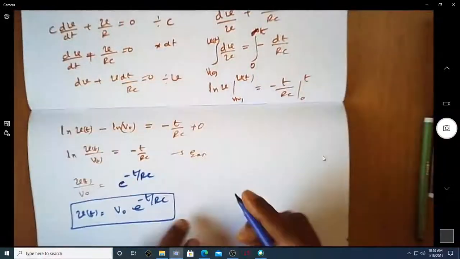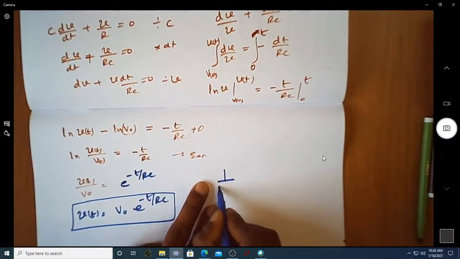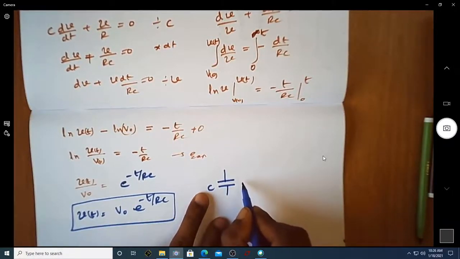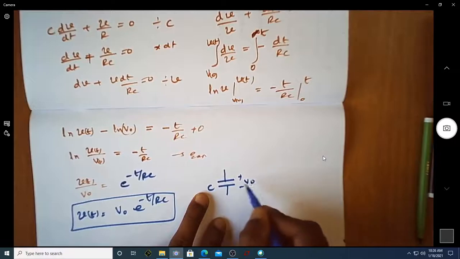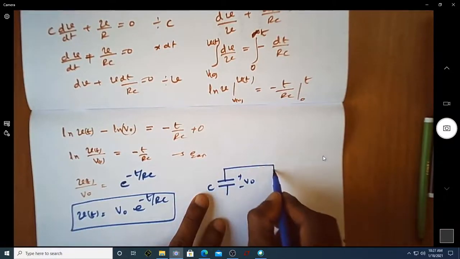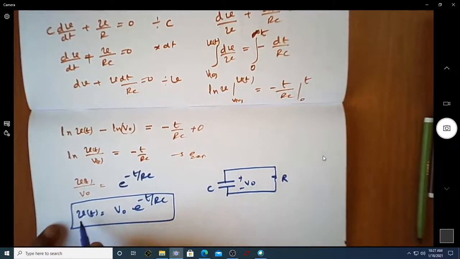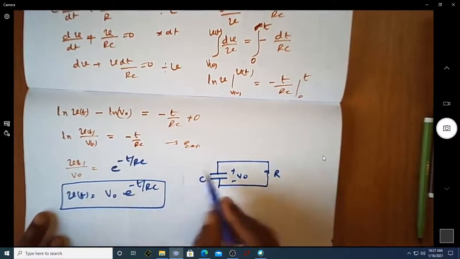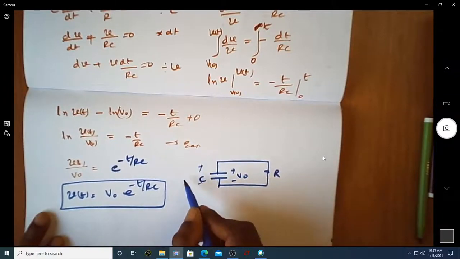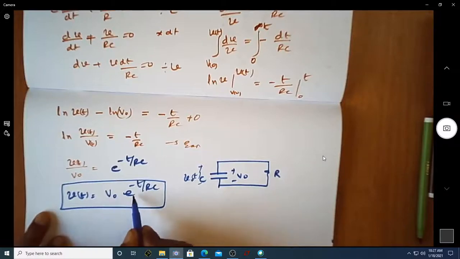So if I have a capacitor with value C and an initial voltage V0 stored across it, and you connect it to a resistor of value R, at any point of time the voltage across the capacitor, Vc of t or V of t, is given by V0 into e power minus t by RC.